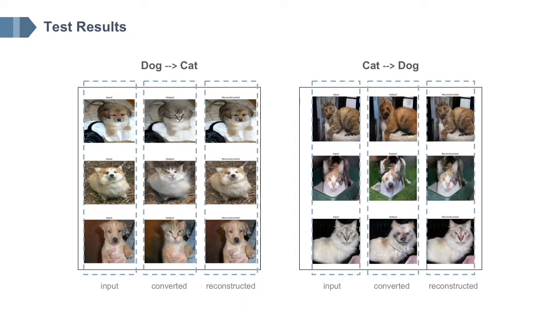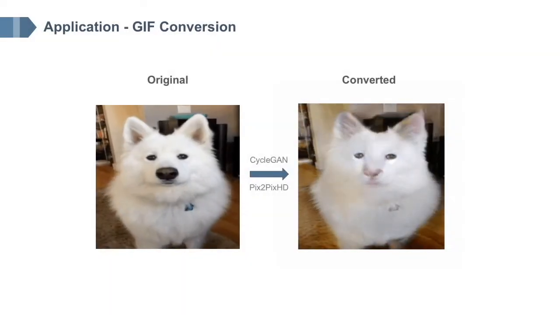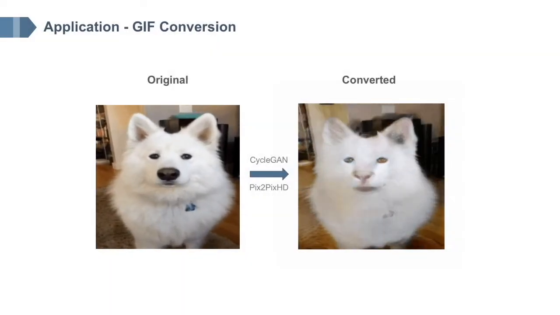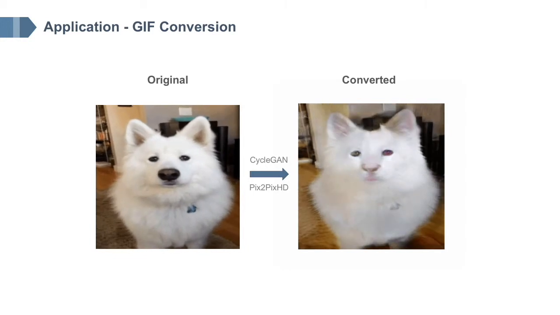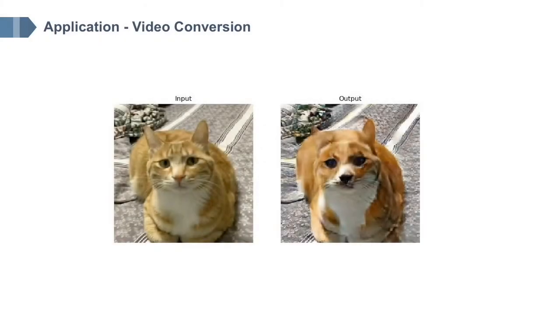After conversion, dogs obtain some features of cats like small noses and soft texture. Meanwhile, cats get black noses and long faces. Using the model, we also apply conversion on GIF images and videos. The GIF conversion is shown like this. The video conversion is shown like this.